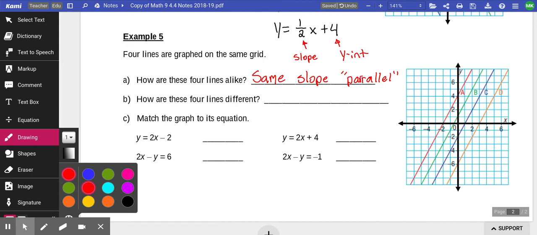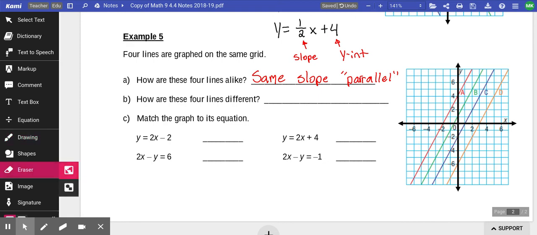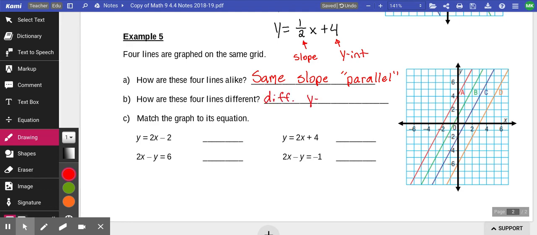See if it looks right. Oh, that doesn't look right. No, 1 R. Parallel. Yep, 1 R. Don't know till you try it. How are these 4 lines different? They all have different y-intercepts. I like to write shorthand a lot, so I'm just going diff y-int.